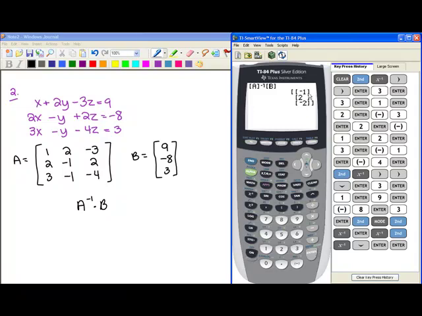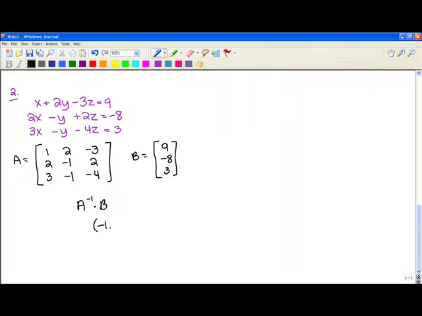And our answer is negative 1, 2, and negative 2. The answer is displayed in order. The first number, negative 1, is the X variable, 2 is Y, and negative 2 is Z.